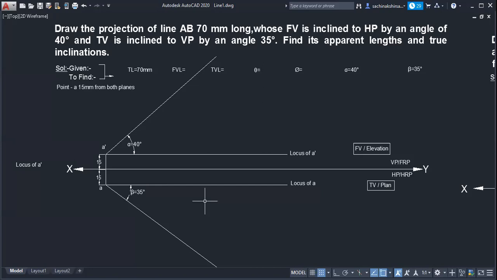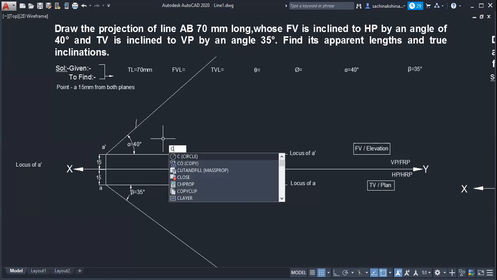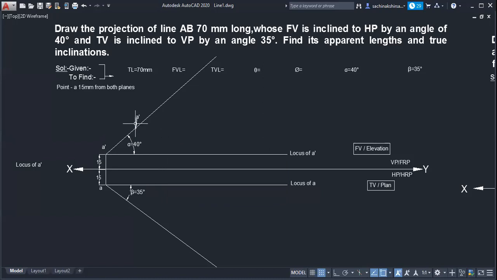If I assume any random point in between, suppose A and B, what name should I give to that point? M dash. Why M dash?